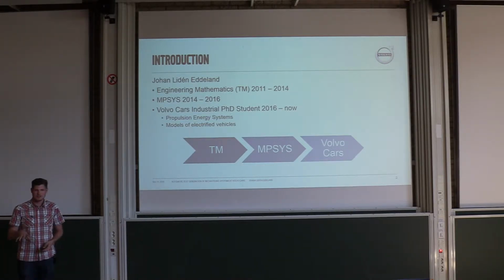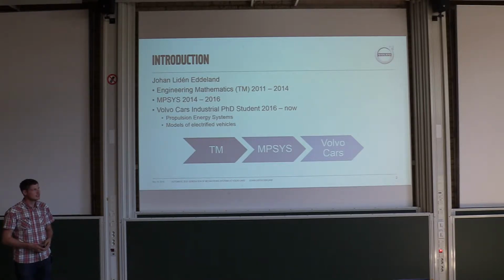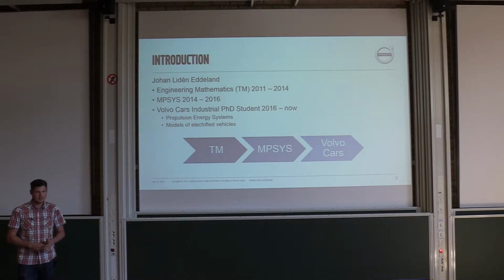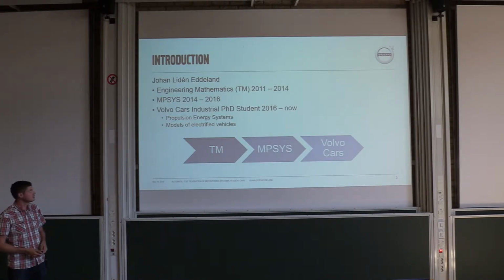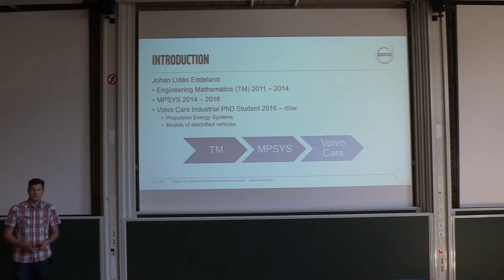I actually took this course 3 years ago, but now I'm a TA for it since last year. And ever since I graduated from Systems Control and Mechatronics, I've been an industrial PhD student at Volvo Cars.